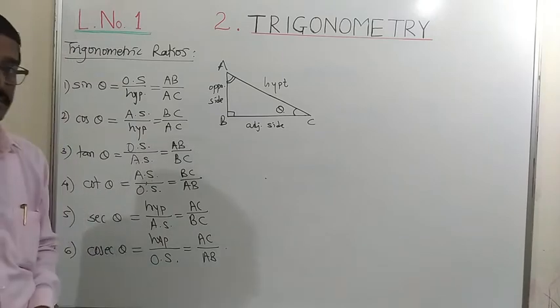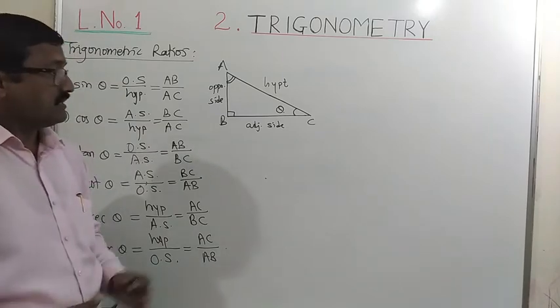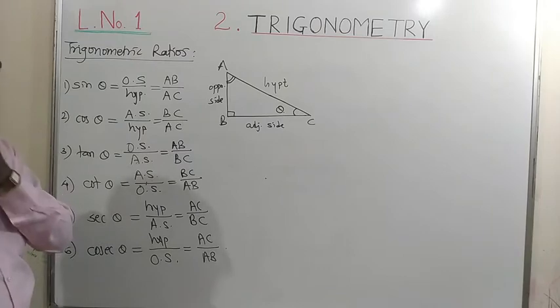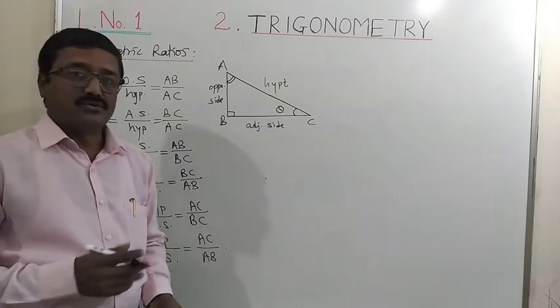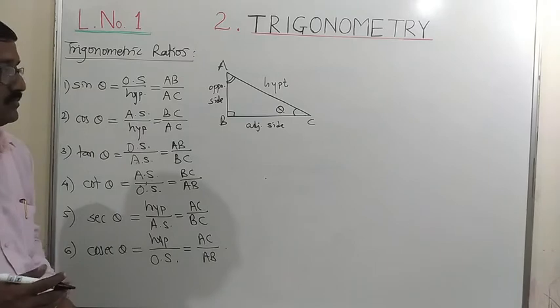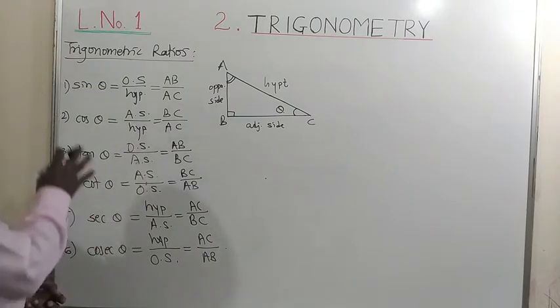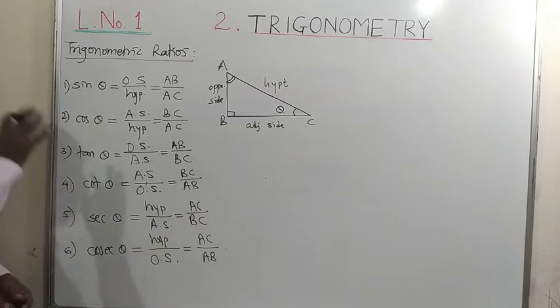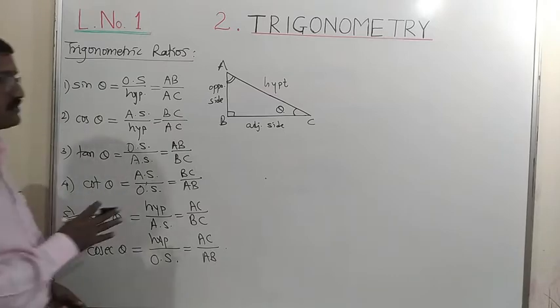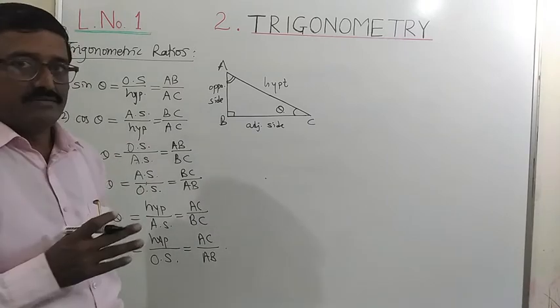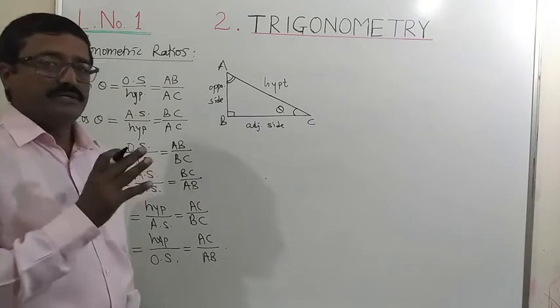Now we will consider theta as a directed angle, and a directed angle is measured from 0 to 360, or it may be more than that. So for any angle theta, we will redefine or extend these definitions so that we can write the trigonometric ratios of any angle.